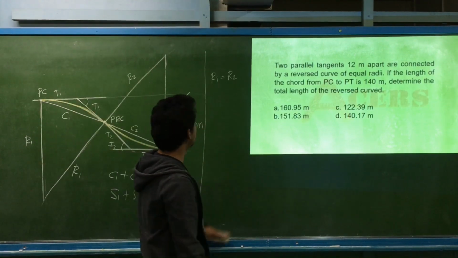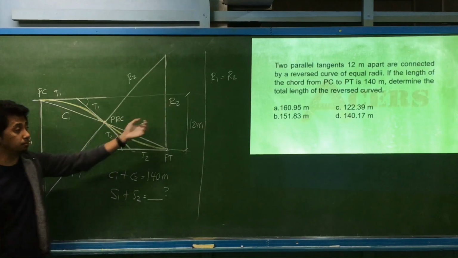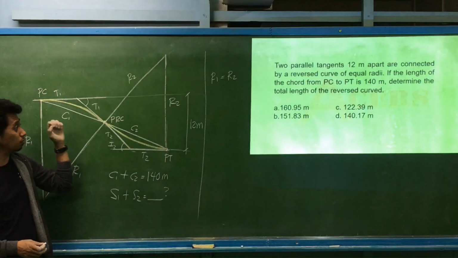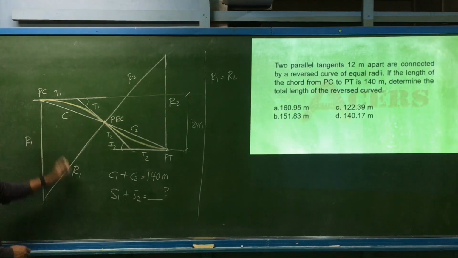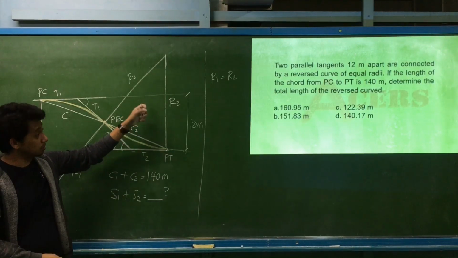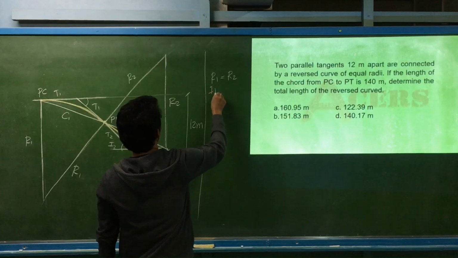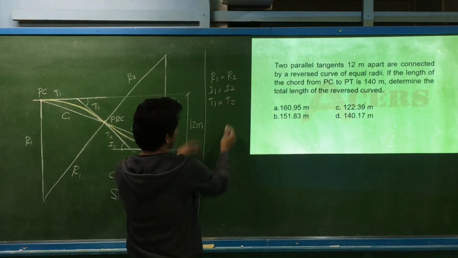So when the radii are equal and the tangents parallel, all values will be equal. They are identical, twins. The values of the first curve are the same as the values of the second curve. So R1 is equal to R2, I1 is equal to I2, T1 is equal to T2, and so on.